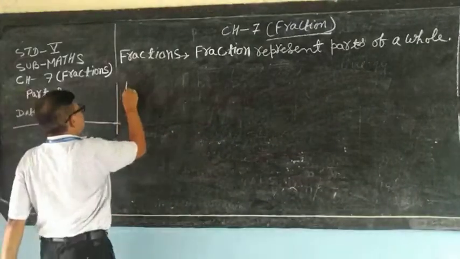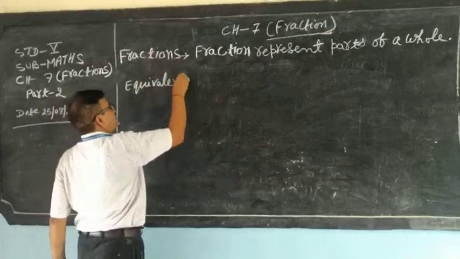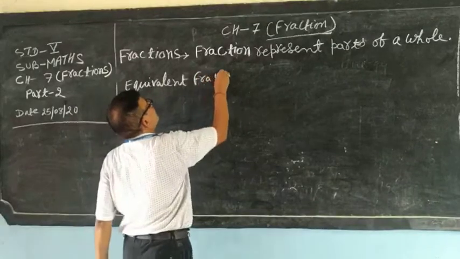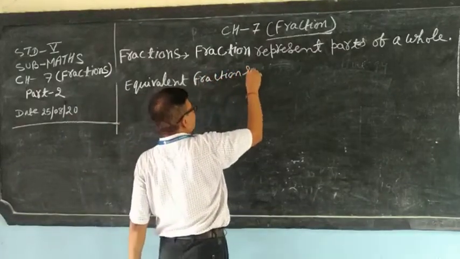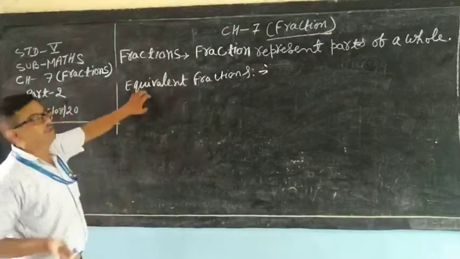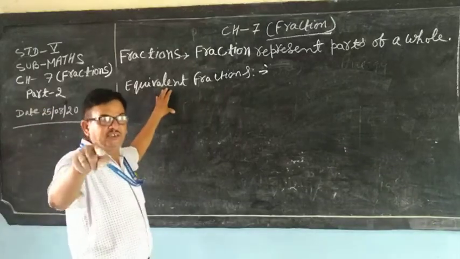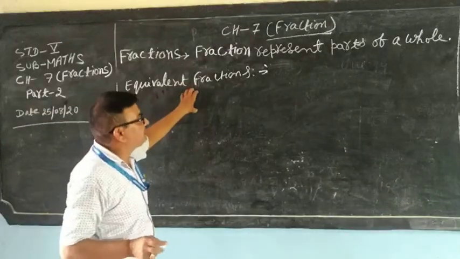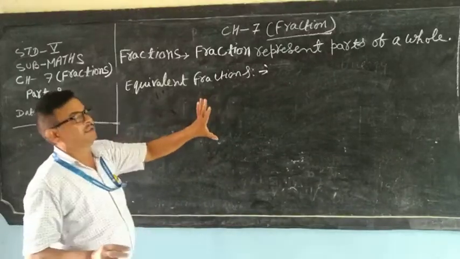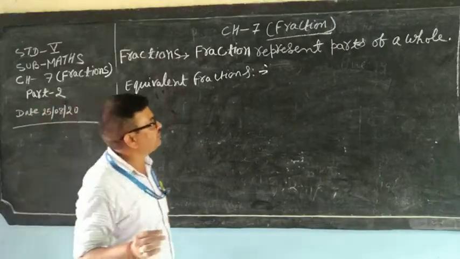Equivalent fraction. Equivalent means equal. The numerator and denominator you are going to multiply by the same number. The numbers are going to increase, but the value of the fraction is not going to change.